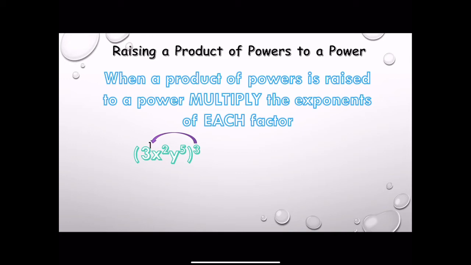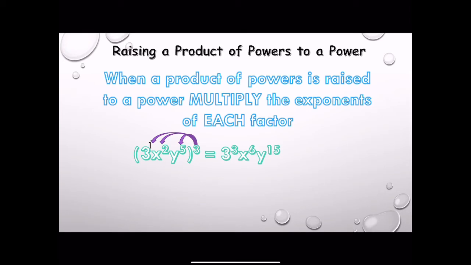That x is raised to the second power, and I have a y to the 5th. So when I raise a product of powers to a power, I'm going to multiply that cube on the outside by each exponent on the inside. So what happens is I get 3 cubed, x to the 6th, and y to the 15th.